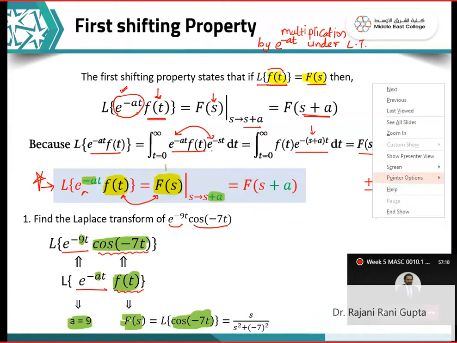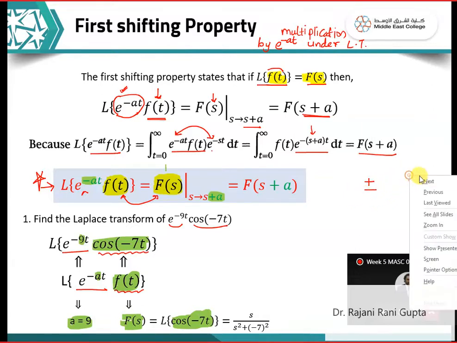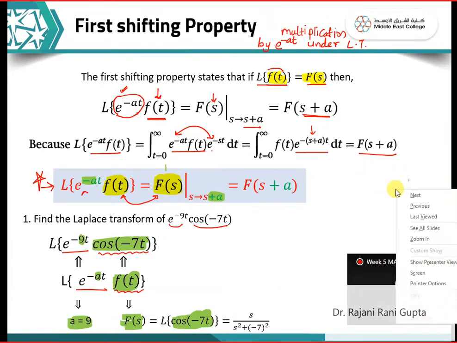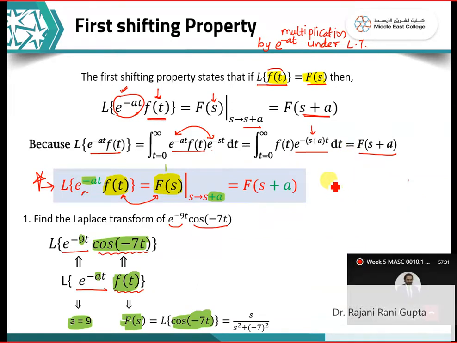What is the formula for that? We studied the Laplace transform of cos at. The formula is s over s square plus a square. Here in place of a you have minus 7, so we replace it over here.